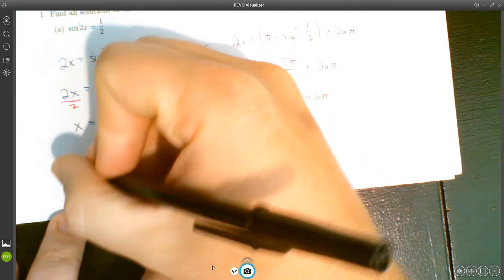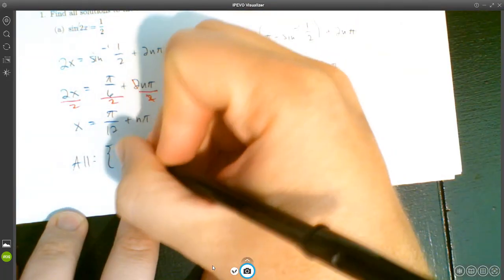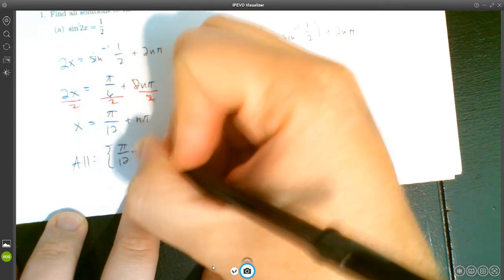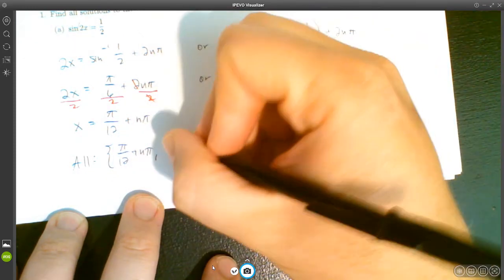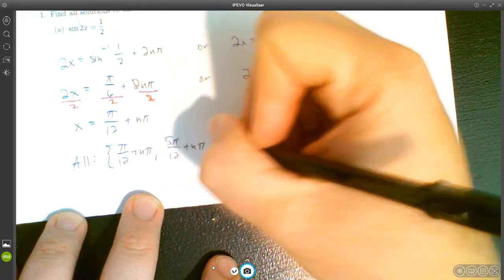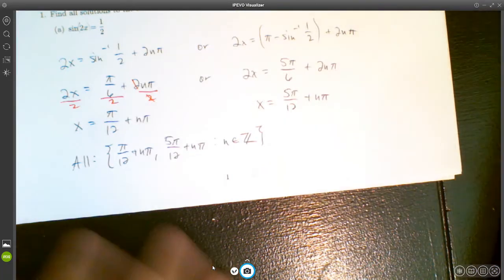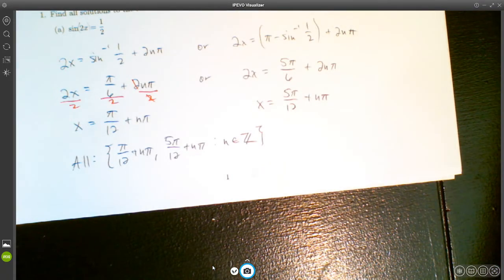So our solution set, all of our solutions, are going to be pi over 12 plus n pi, and 5 pi over 12 plus n pi, where n is an integer. Right, so those are all of the solutions.